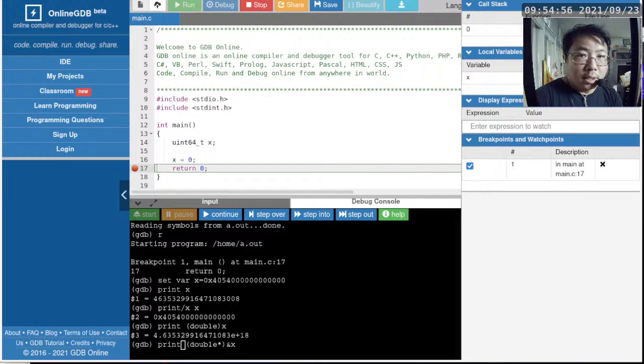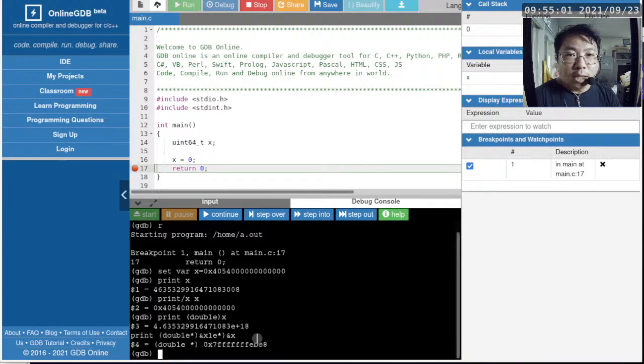So now, if I press the enter key right now, it's just going to show me the address of x. But this is not just the address of anything, this is the address of a double now. So the next thing I'm going to do is dereference this particular address.